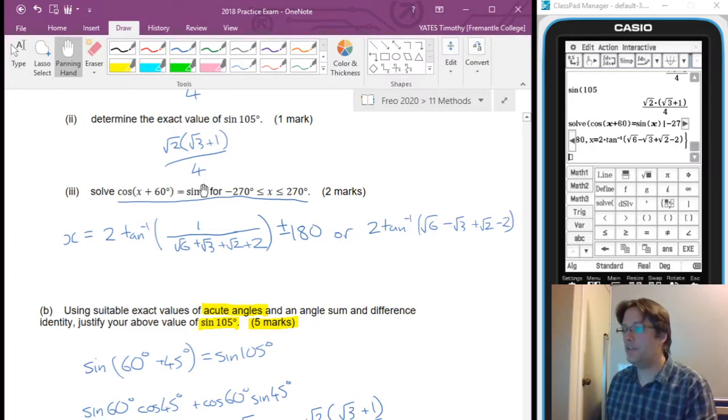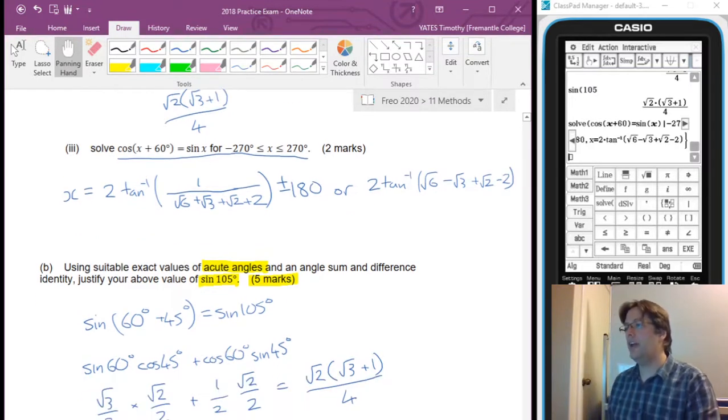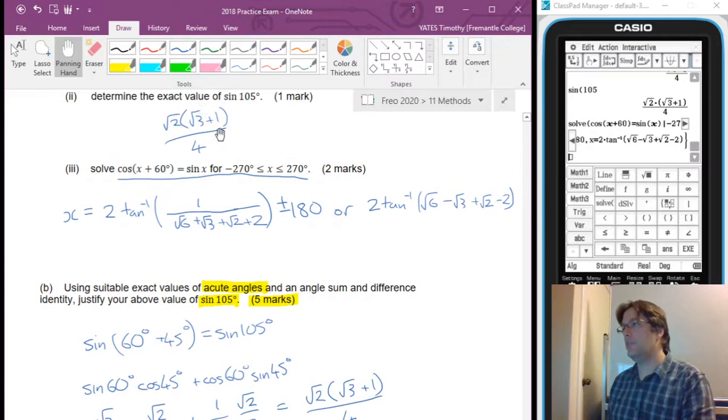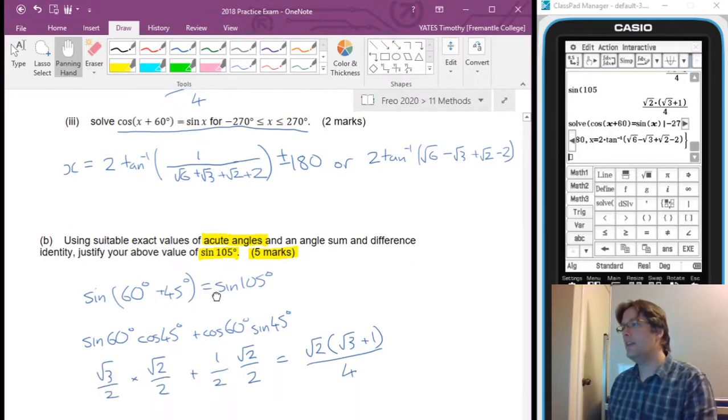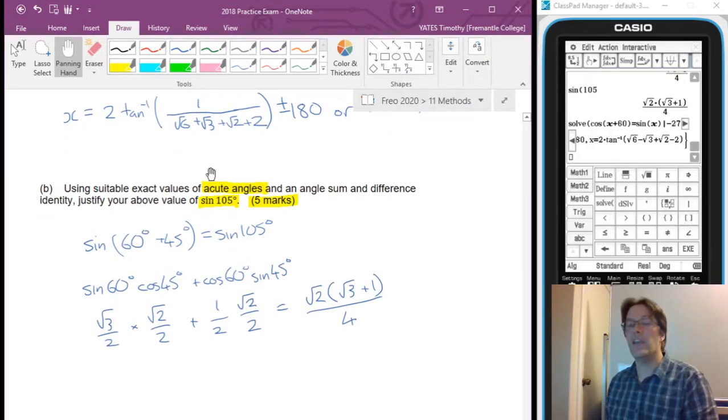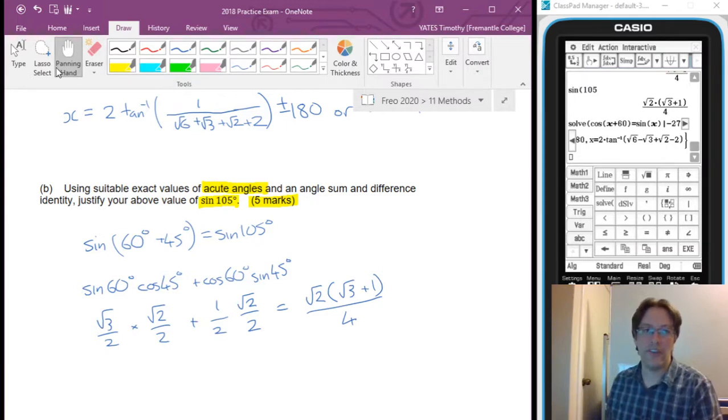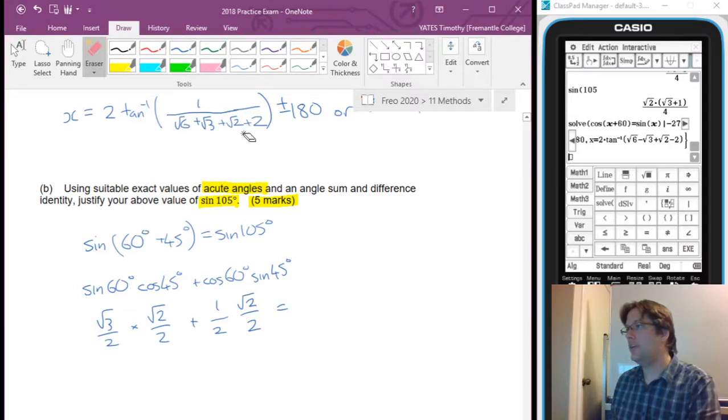If you didn't happen to take the root 2 out, you would need to be able to show that it was that exact same thing. Or you could just do that. Now, a rule of thumb, if you get stuck and you think you've done the right thing: let's say you didn't know that, and what you did was, okay, root 3 times root 2 is root 6, that's over 4.